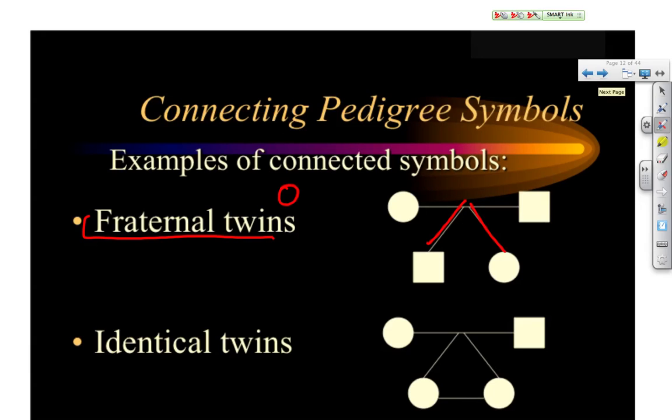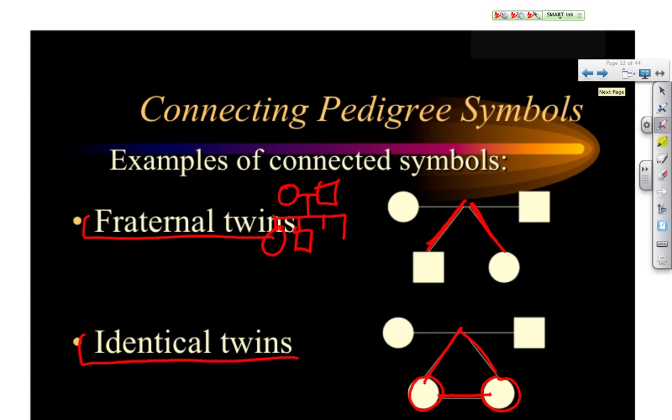Remember, normally you have a mom and dad line, and then there's a bracket for all the brothers and sisters. And here we see two lines, fraternal twins. If there are two lines, both of the offspring are the same sex, and they are then connected, okay? Same sex horizontal connection. That indicates identical twins.